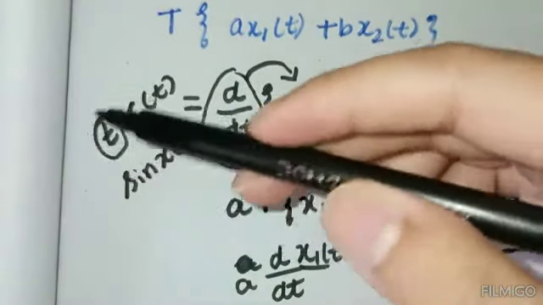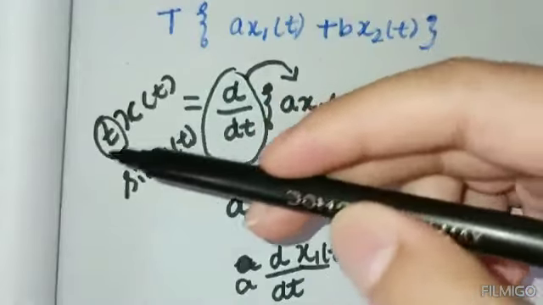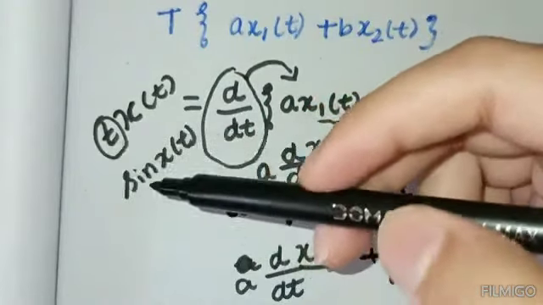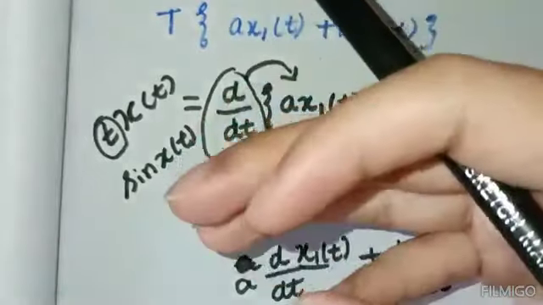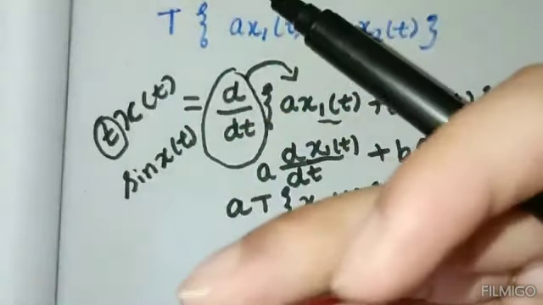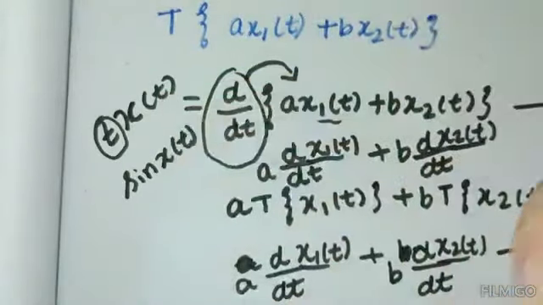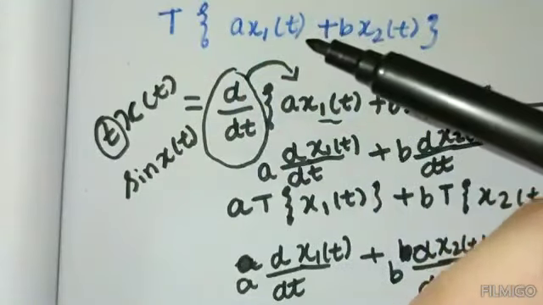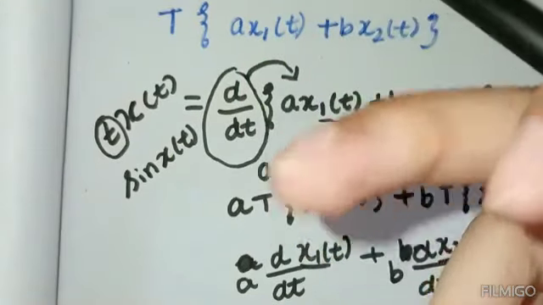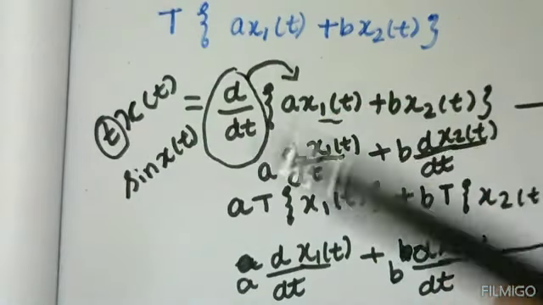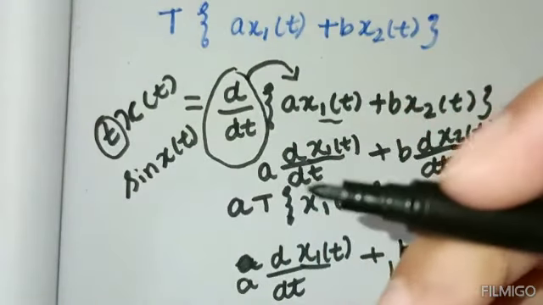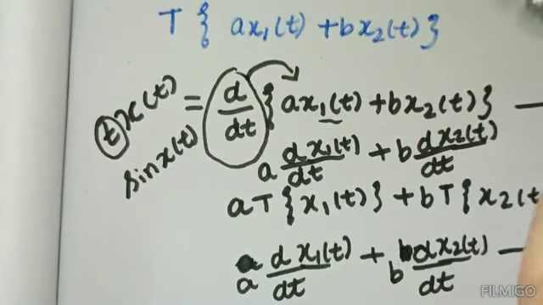For example, t times x of t, you can directly say it's linear. Sin x of t, you can directly say it is non-linear. Log of x of t, you can say it is non-linear. And cos is also non-linear, as well as log 10 of x of t, and the exponential is also non-linear. So like that you can tell.